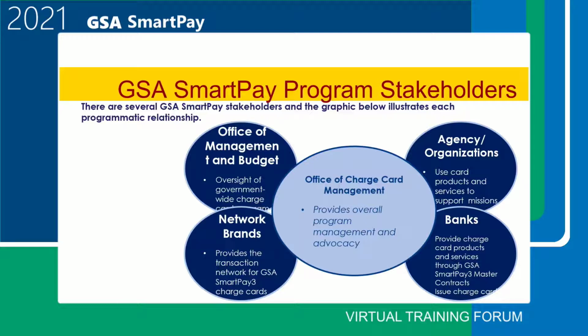The banks, so your banks that are contracted right now are U.S. Bank and Citibank. Each one of them has a fleet offering under them, like a subcontractor, if you will. Citibank is using WEX, and U.S. Bank is using Voyager. We'll talk more about those specific fleet cards in a little bit. And then, of course, there are the agencies or the organizations that use the product and support the mission of their agency.